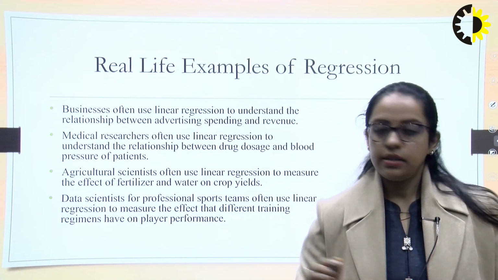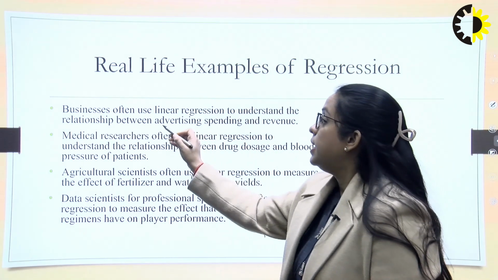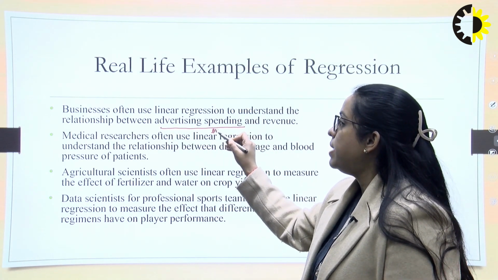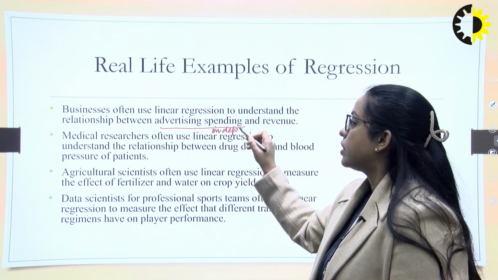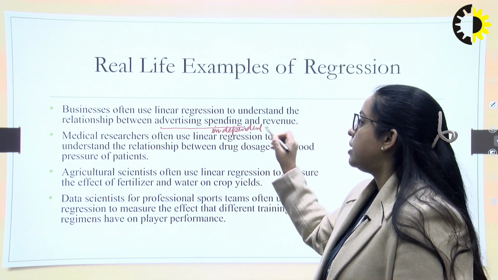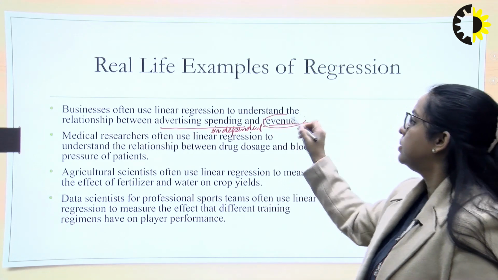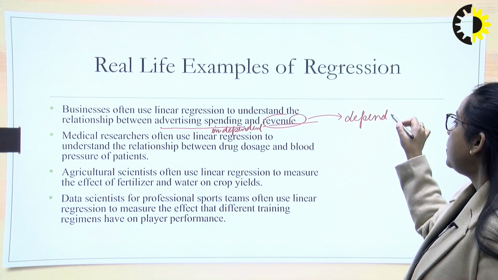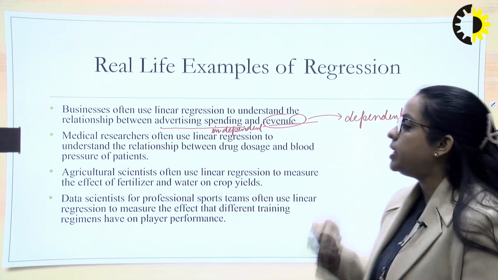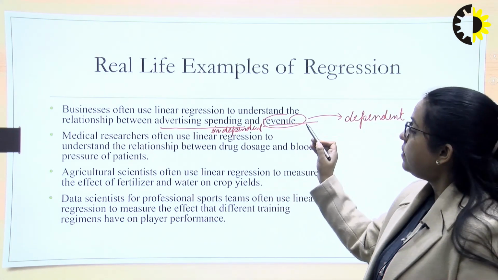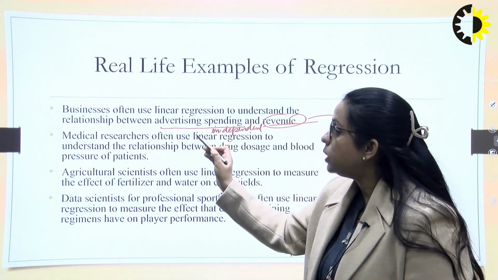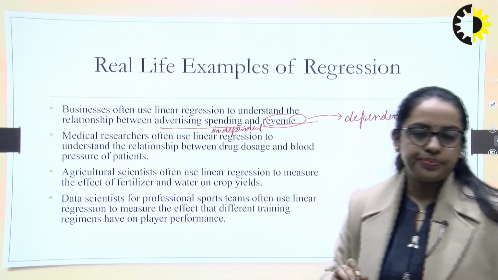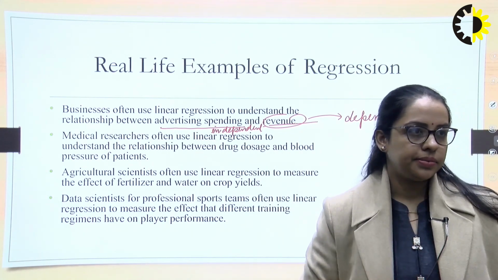So in this particular example, advertising spending is the independent variable, and revenue is the dependent variable. You can identify why revenue is the dependent variable, because revenue depends on the amount we have spent on advertising, promoting our product.